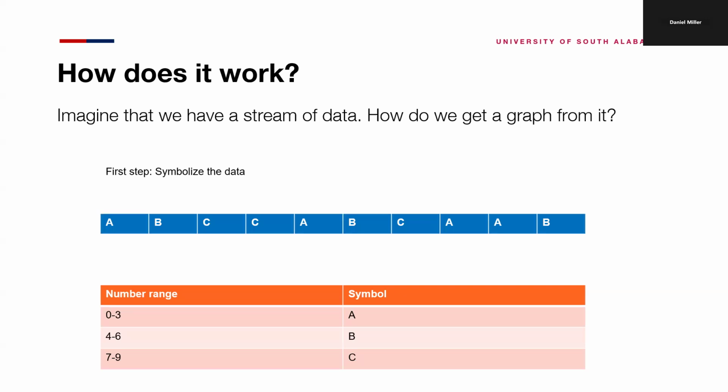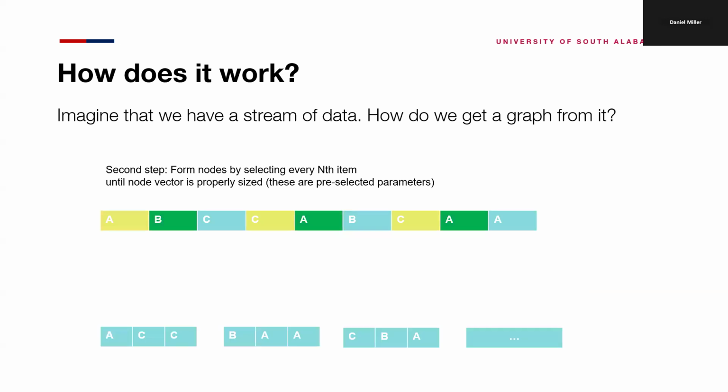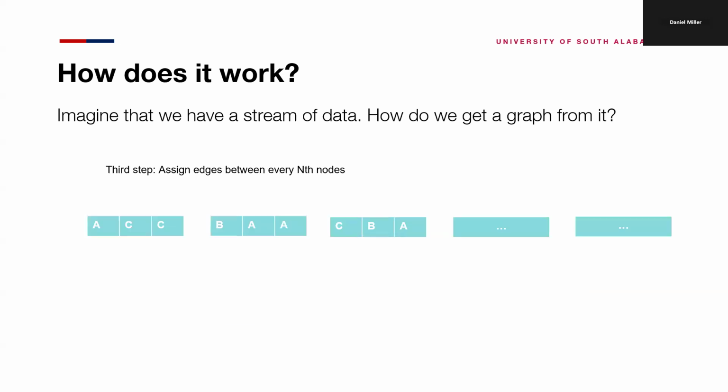One of the hyperparameters that you have to choose is the size of the buckets, or symbols, if you want to call them that. And then the second step is to turn these into actual vectors. I'm choosing every yellow one for a size 3 vector. Again, with every 3. There is more variability in the process that you have to choose when forming these.